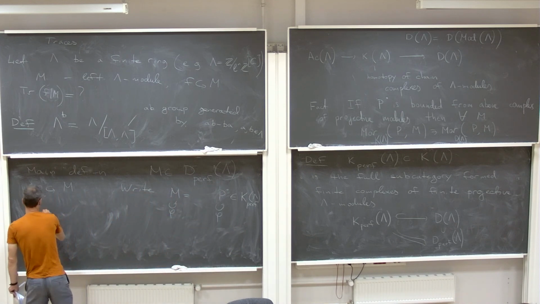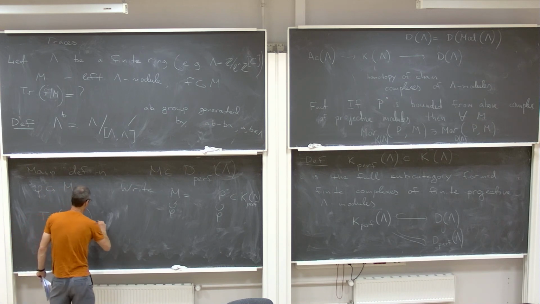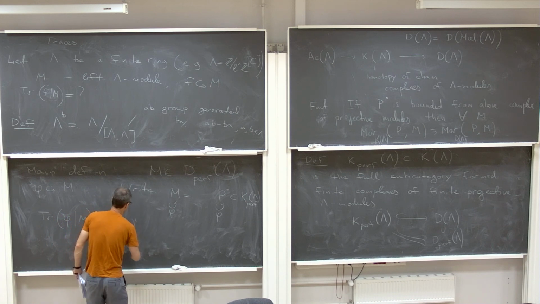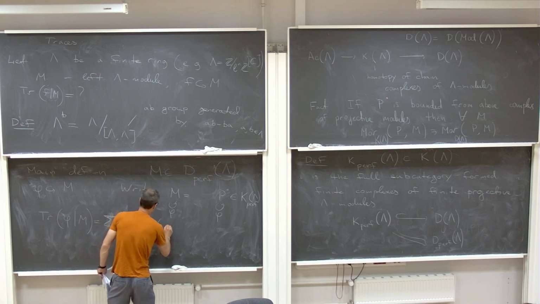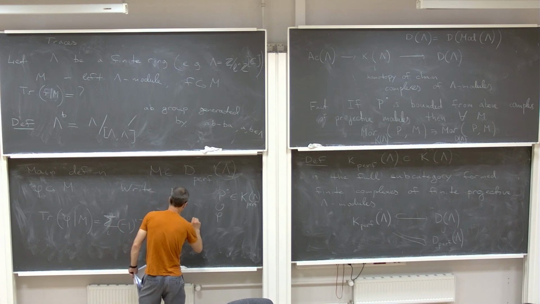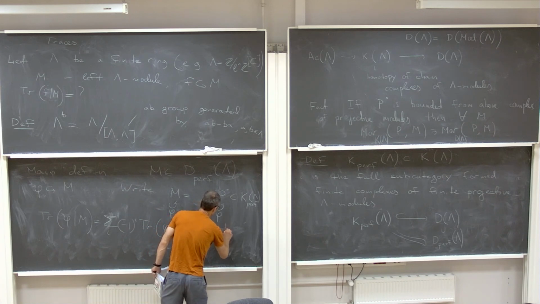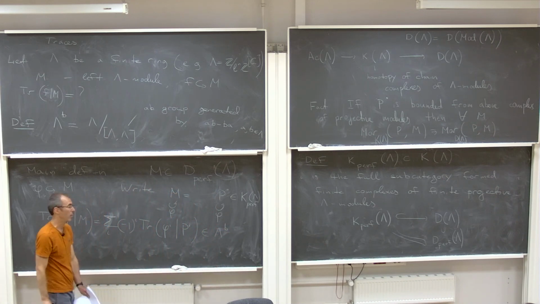And I define the trace of phi on M to be the alternating sum, (-1)^i, of traces of phi_i acting on P_i. And this is an element of lambda modulo commutators, the zeroth Hochschild homology.